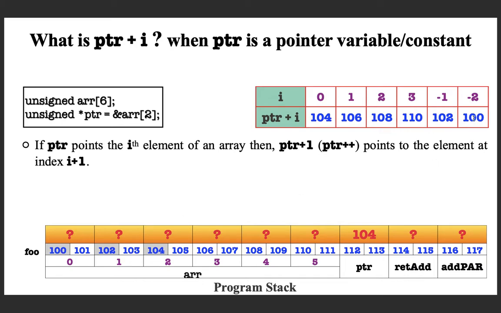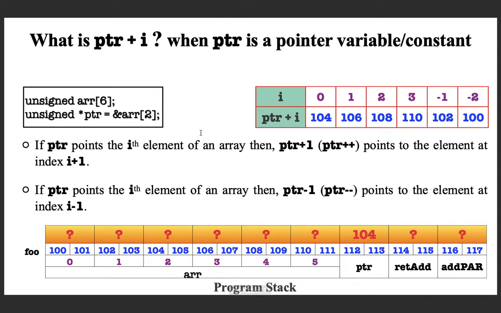Okay, I think you are getting me. So, this is what we discussed. If PTR points to the ith element of an array, then PTR minus 1, or PTR minus minus, decrement, points to the element at index I minus 1. So, if PTR is pointing to the element at index 3, PTR plus 1 is the address of this element and PTR minus 1 is the address of this element.